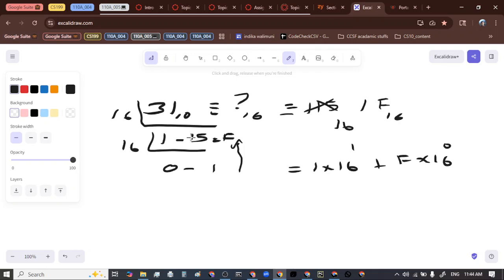But now we have to use the actual value of F, which is 15. So instead of F here, we write 15. So this is 16 plus 15, since 16 to the 0 is 1, and that equals 31. So we got the answer back, 31 in decimal. This is how you convert back. Any question on this one?